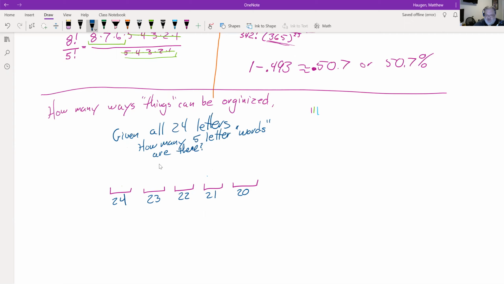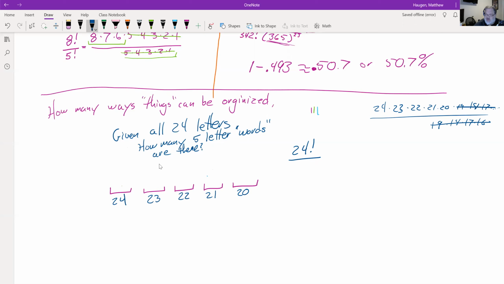So how many different ways could we arrange that? Well, I want 24 multiplied downward. That's going to give us 24 times 23 times 22 times 21 times 20. But it's also going to give us times 19 times 18 times 17 and so on. We want to get rid of the 19, 18, 17, 16, and so on, so we need those to cancel out.